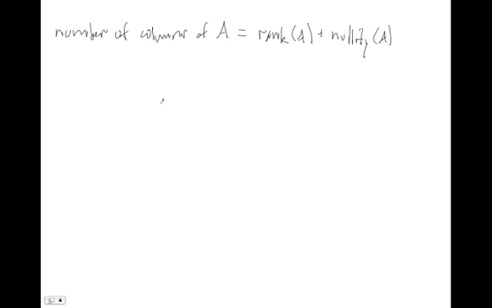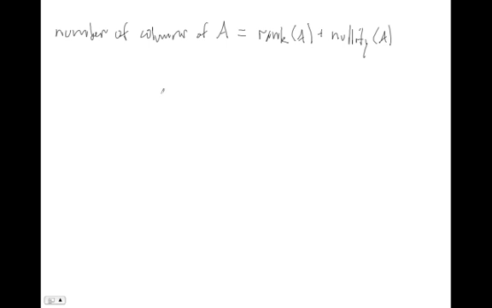So if I take a matrix that has 5 columns and it has only 3 linearly independent columns, then that means I have a rank of 3 and a nullity of 2. And so if I can solve for either the rank or the nullity, I can immediately know what the other one is because they have to add up to the columns of A.